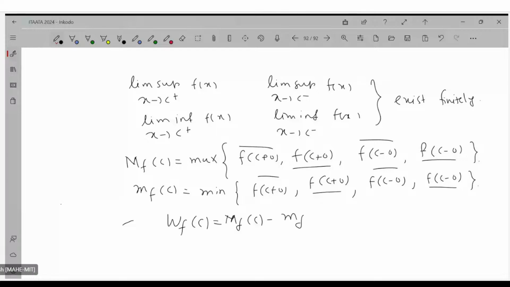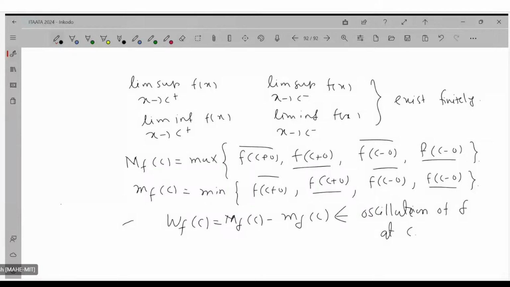This will be called the oscillation of the function at the point c. So oscillation is also going to be a function, for each value of c.